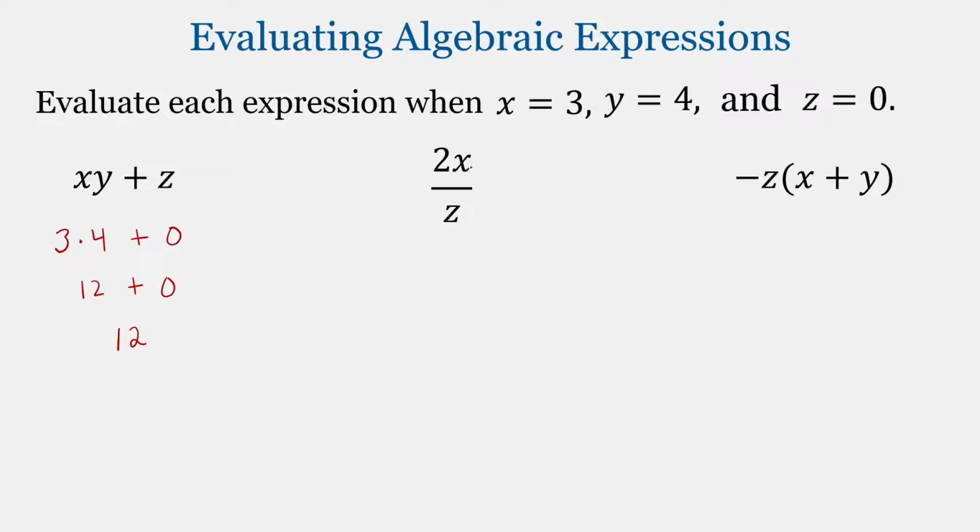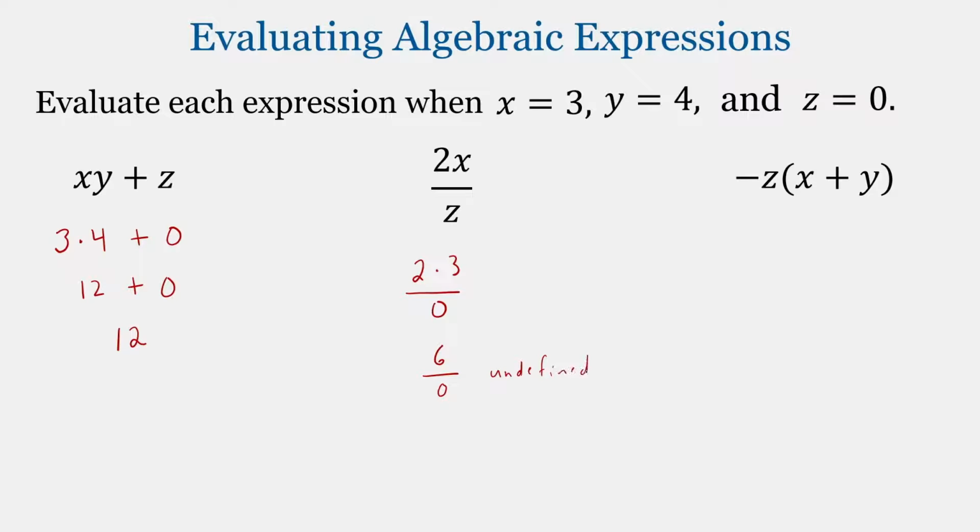Next, we have 2x divided by z. So 2 times x, x is 3, all over z, which is 0. 2 times 3 is 6, so now we have 6 over 0. And we're dividing by 0. Thou shalt not divide by 0. So in this case, our answer is undefined.